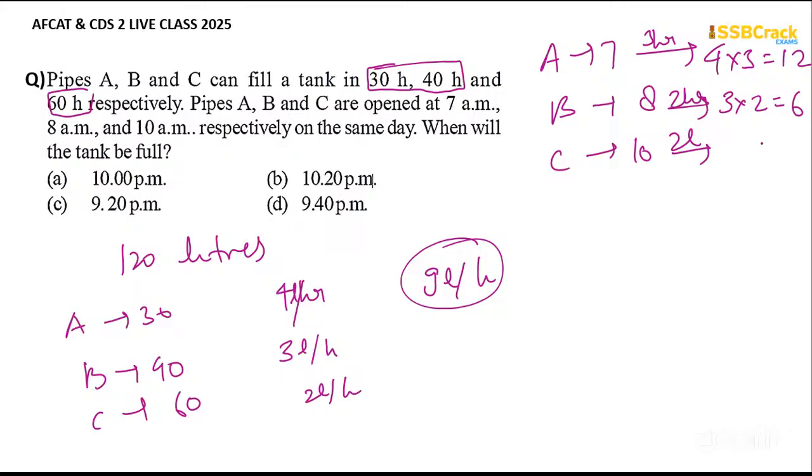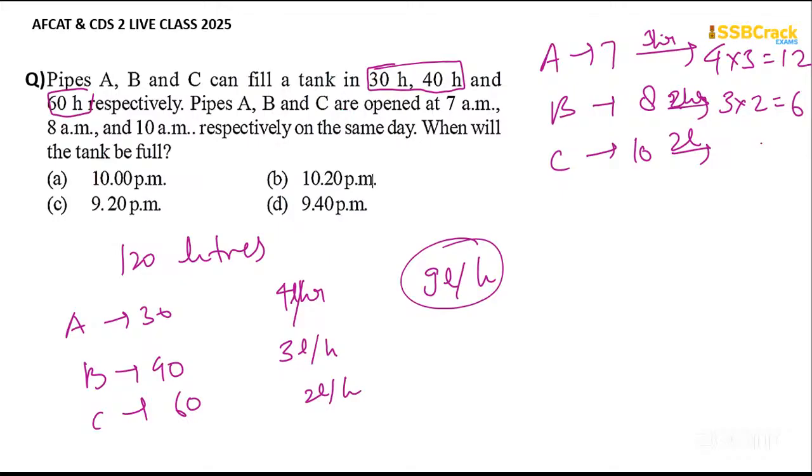It means we can multiply it by how much? Wait, I have written 3 hours, 2 hours, and I didn't see for how many hours this was open. We need to find when the tank will be full.